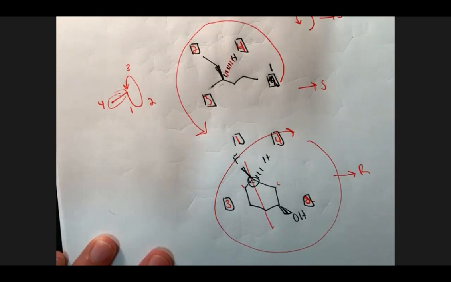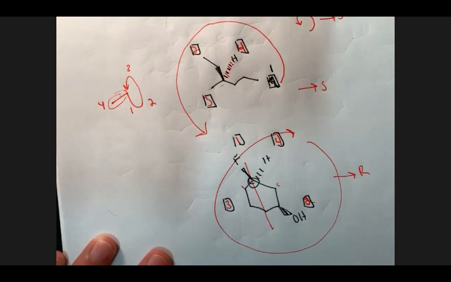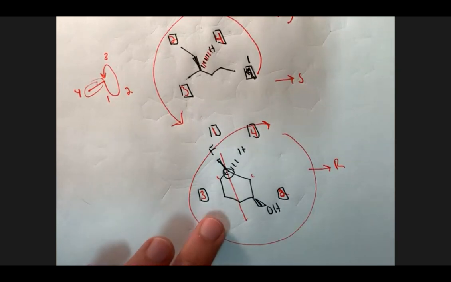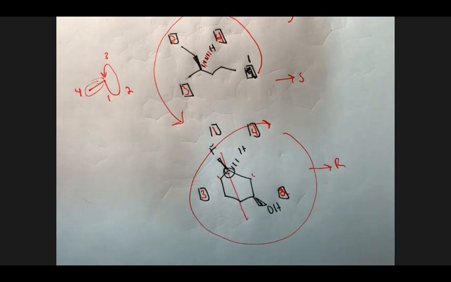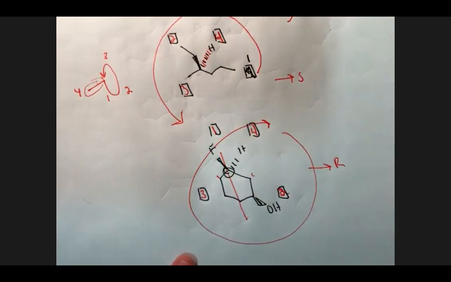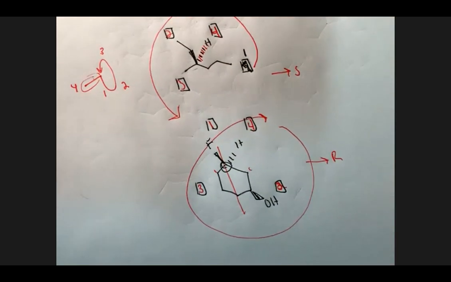Okay, let me see some of these questions. For this one, for B, we're looking at atomic number versus complexity, because if you look at OH, wouldn't that technically be more complex than F because it's 2 atoms? I'll say this right now: you look at the identity of each atom directly bonded to the chiral carbon.